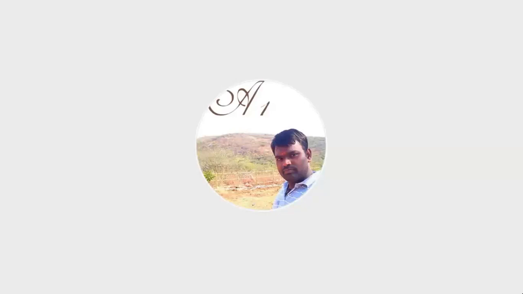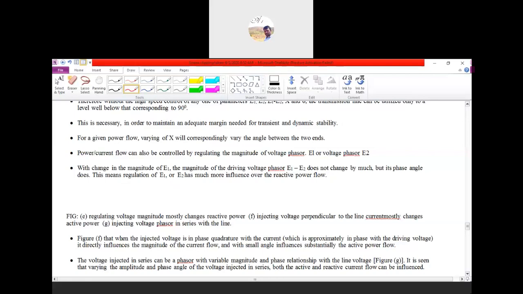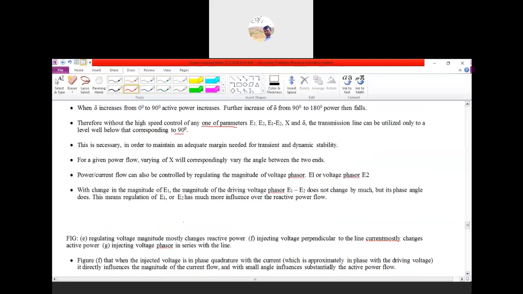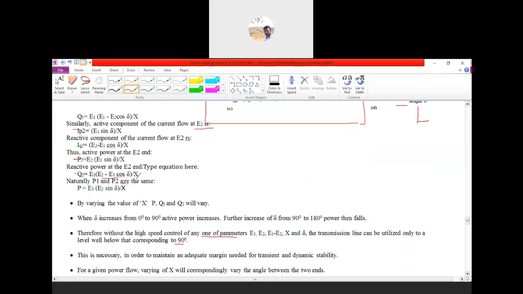If we take the active current, the current also flows in the same line, and whatever the voltage is, it flows in this line.